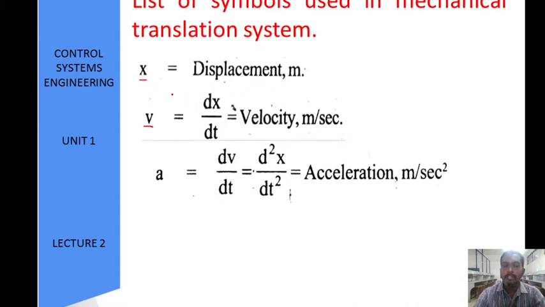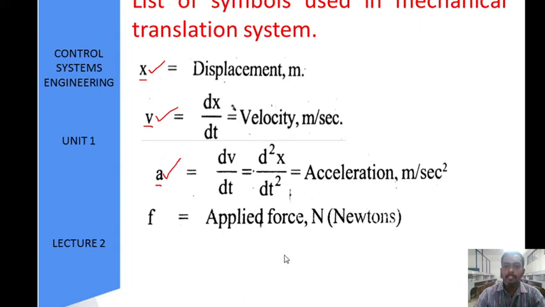The relation between displacement and velocity is that velocity is the derivative of displacement, and acceleration is the derivative of velocity. That means we have displacement x, velocity dx by dt, and acceleration d square x by dt square. These are the terms and symbols which we are going to use in the mechanical translation system.